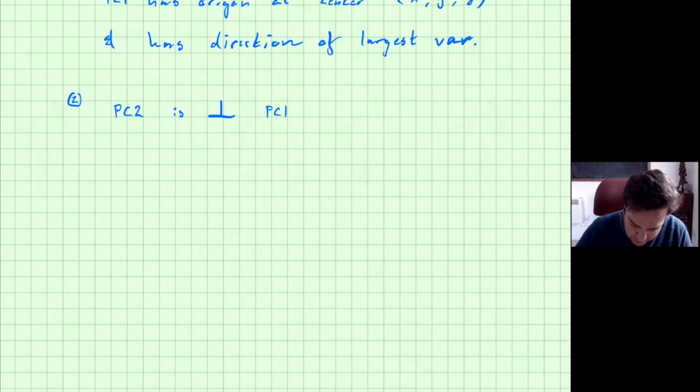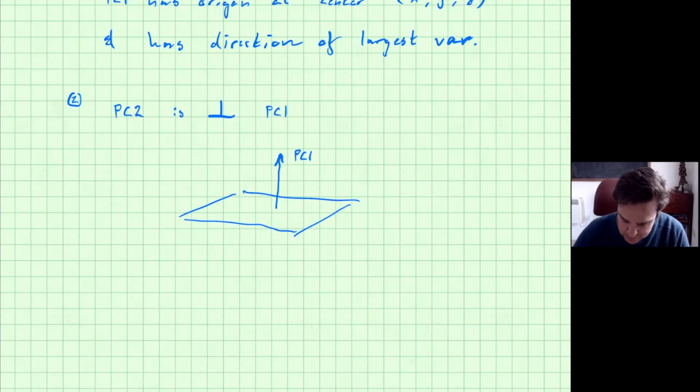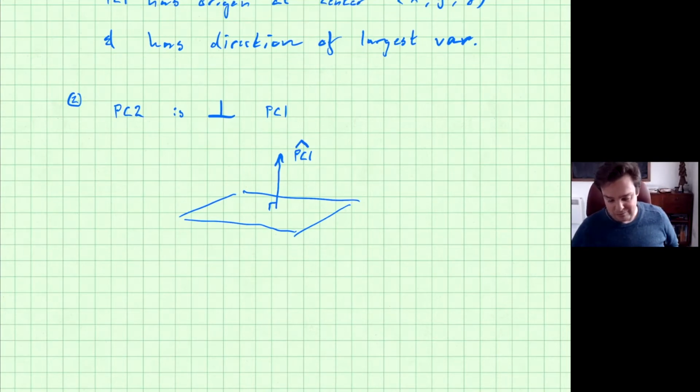So let's just draw that. Here's the plane, and here's PC1 coming out of it. Right? And then let's even be fancy. Let's say this is the unit vector in the PC1 direction, so that's a vector of length 1.